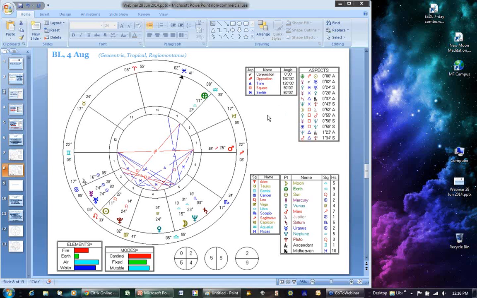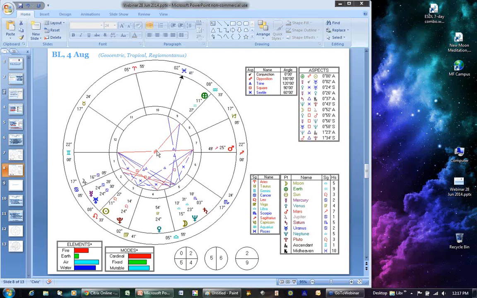I can't just say Mars is opposite the ascendant. I can't just say there's a T-square here, because there's all kinds of other things going on behind the scenes that contribute to the difficulty or the goodness of the work that's going on. Lots are playing with my ascendant, which is my sole purpose. So that's good.